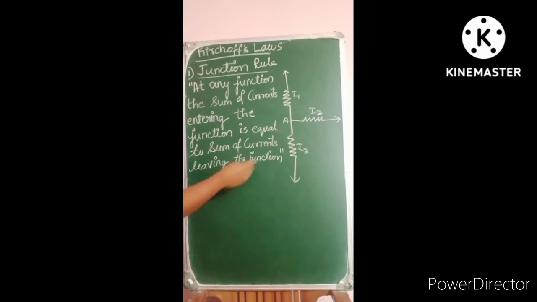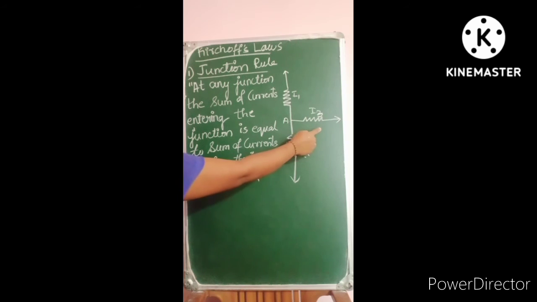When you apply Kirchhoff's current law to this circuit, it gives I3 equals I1 plus I2. The current entering at A is I3. Sorry, this is I3, and this will be I2.